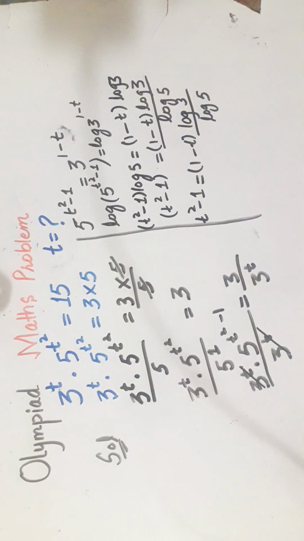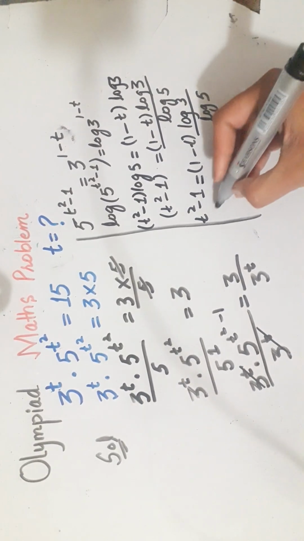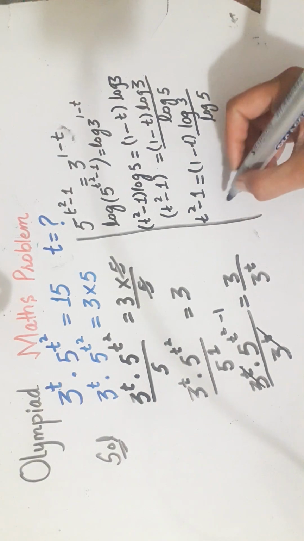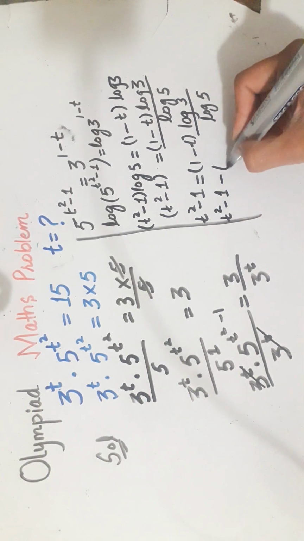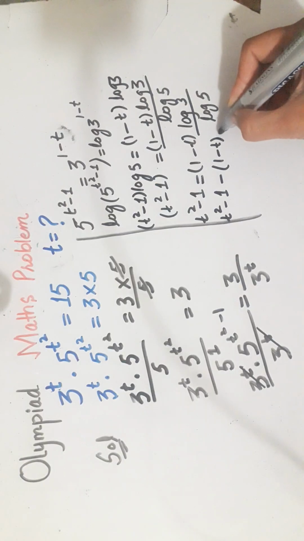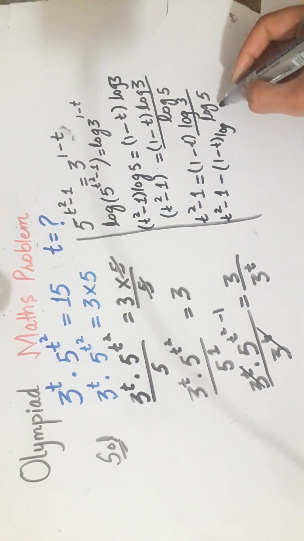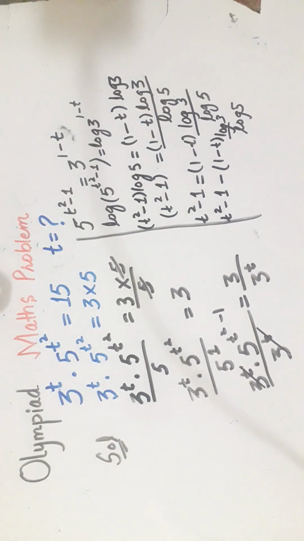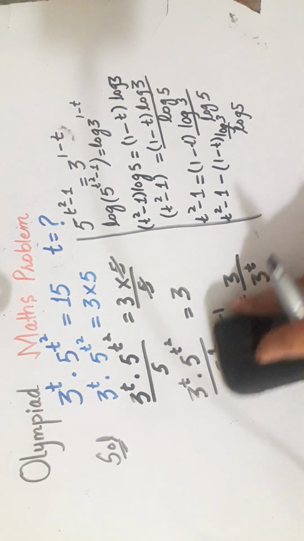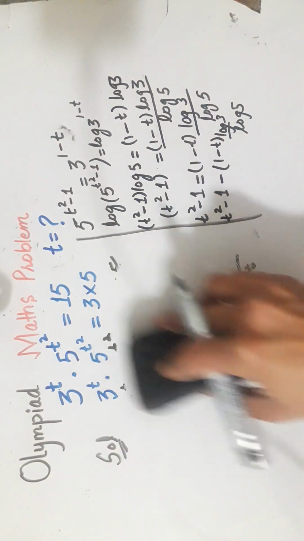Now after this, we will make a supposition here. This can be written as t square minus 1 minus 1 minus t into log of 3 divided by log of 5. We will apply here a square minus b square formula.